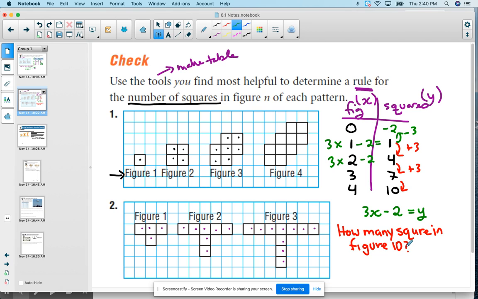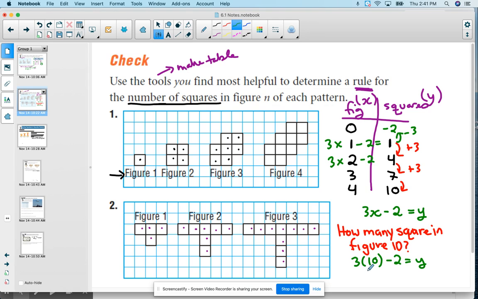So if we know we're looking for squares in figure 10, just realized squares is spelled wrong. I'm just missing the A. Okay, figure number is x, so we're going to go 3, and we're going to put the 10 in there. So 3 times 10 minus 2.